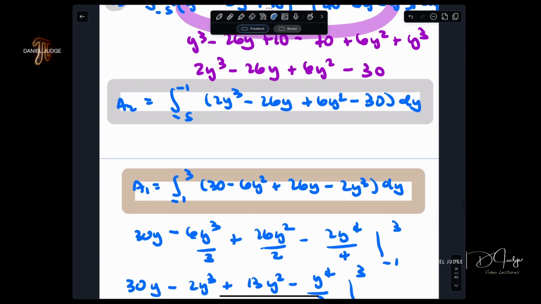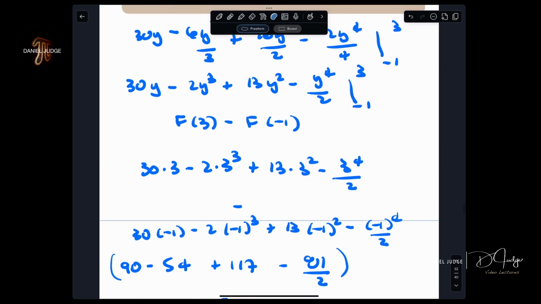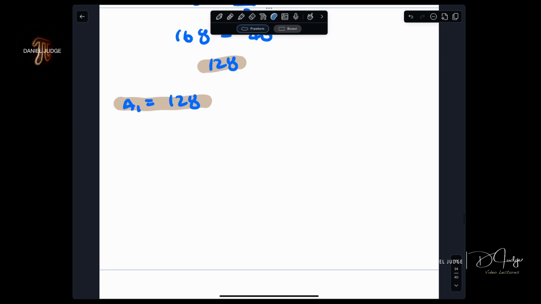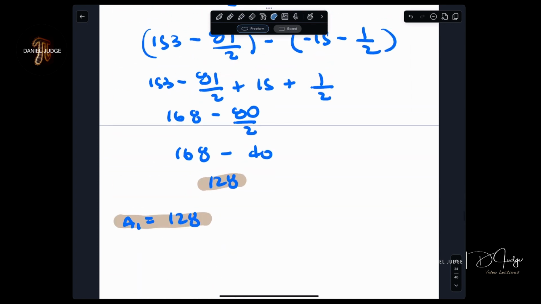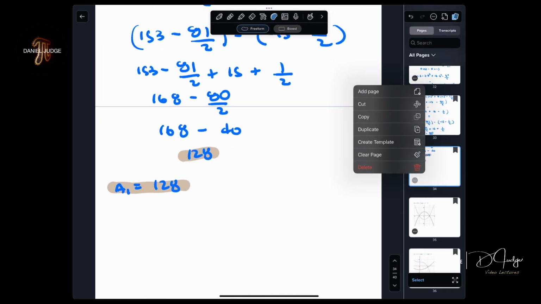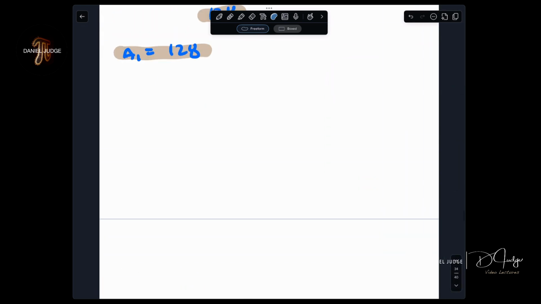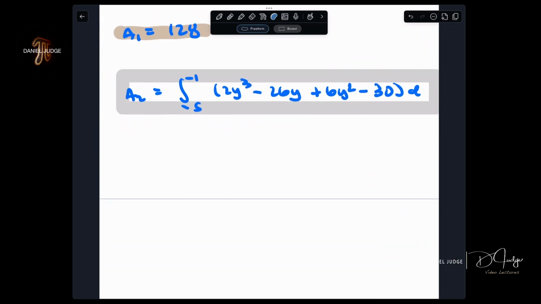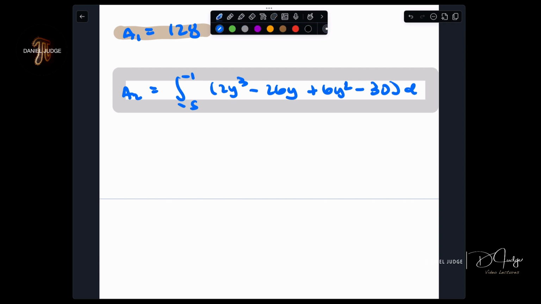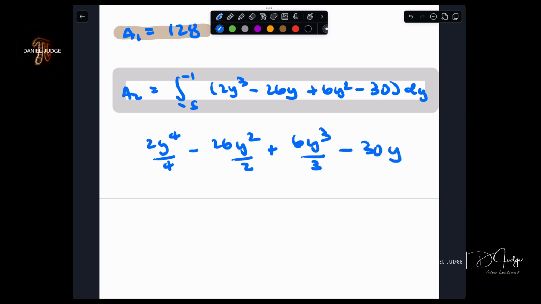Let's do the second integral here. Okay. Copy second integral. And that was dy. 2y to the fourth over 4, 26y squared over 2, 6y cubed over 3 minus 30y.